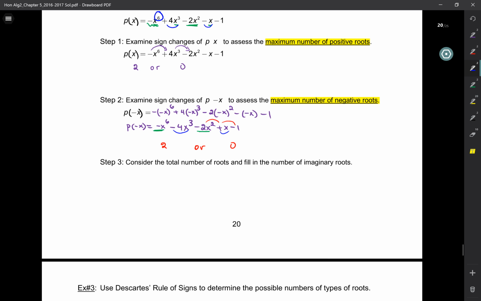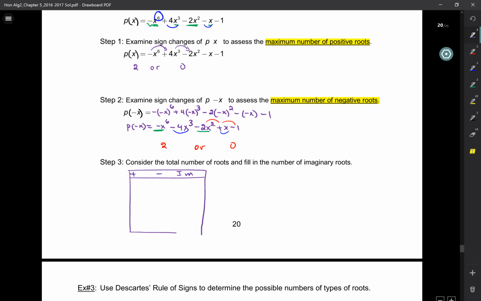All right, now we're going to make a chart. Positive, negative, imaginary. All right, now, it can have either 2 or 0 positive, right?